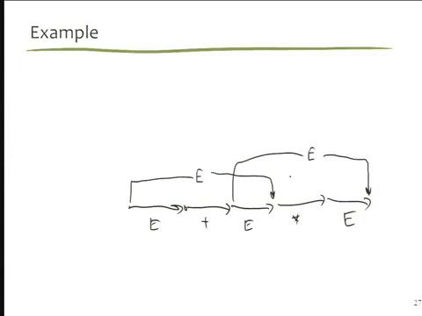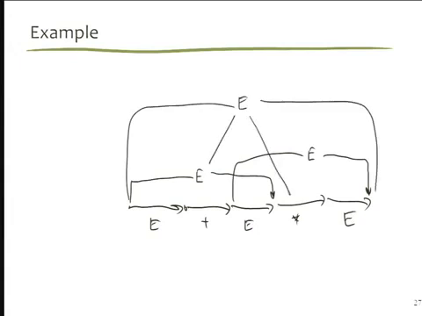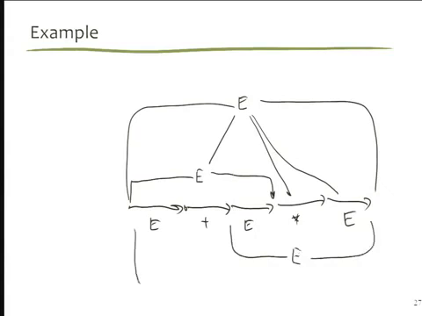Yes. We could now make an E that corresponds to this, that, and that, okay. Let me erase this one. And there is the other one that corresponds to E plus E, okay.